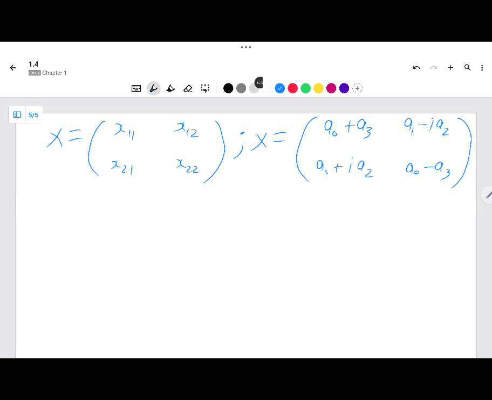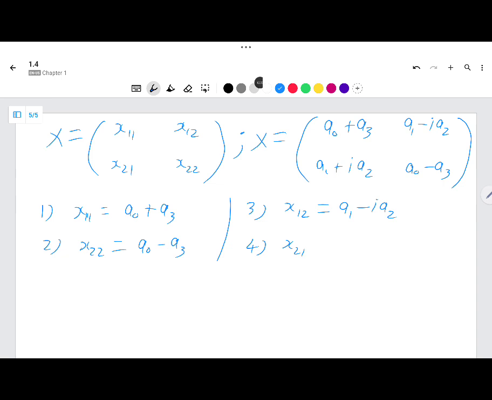So if you want to compare, x11 equals a0 plus a3, x22 equals a0 minus a3, x12 is a1 minus i a2, x21 equals a1 plus i a2.